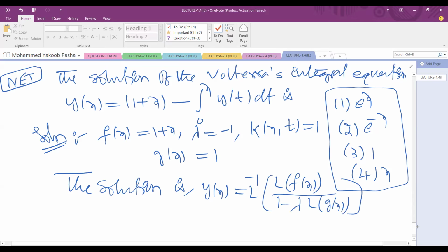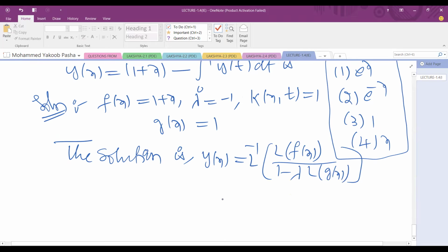Okay, this is the solution. Just substitute all the values. L of f of x is 1 plus x, 1 minus lambda is minus minus 1, which is plus 1, and L of g of x is 1.